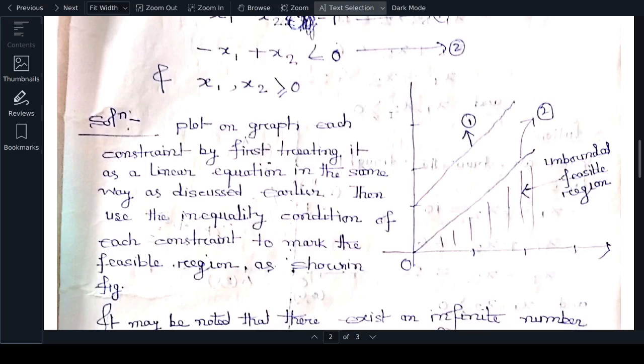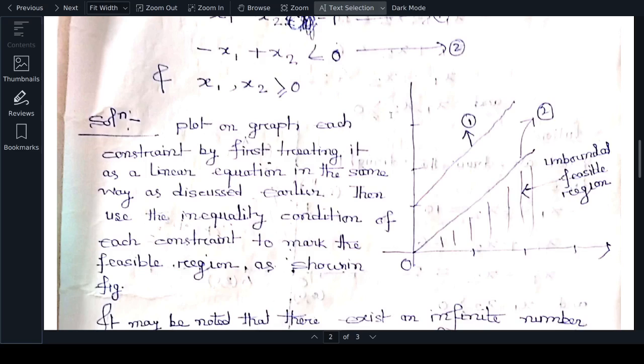Means what? You see the shape and you can put the values of x1 and x2, suppose 2 and 1, then this 2 comma 1 also lies in the feasible region, then 3 comma 1 also lies in the feasible region, 4 comma 1 also lies in the feasible region.